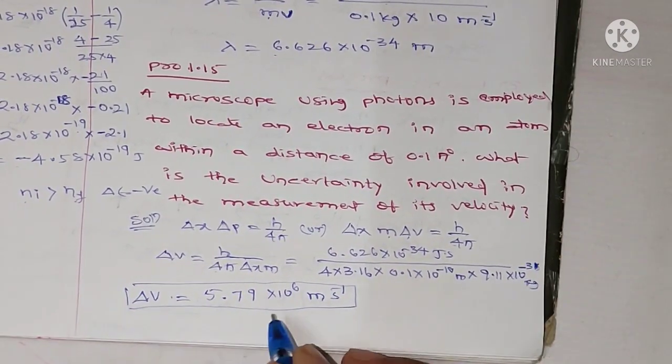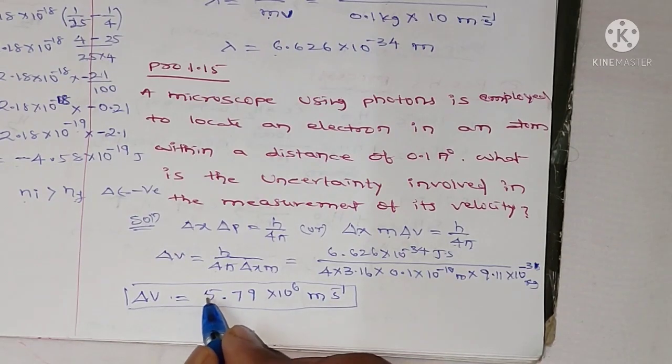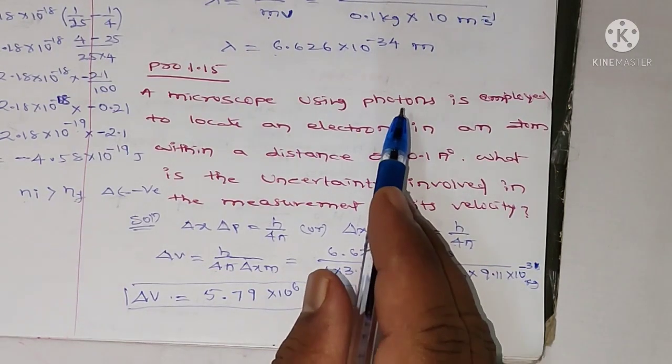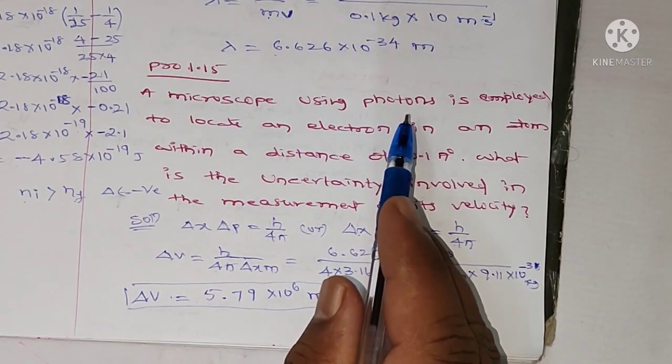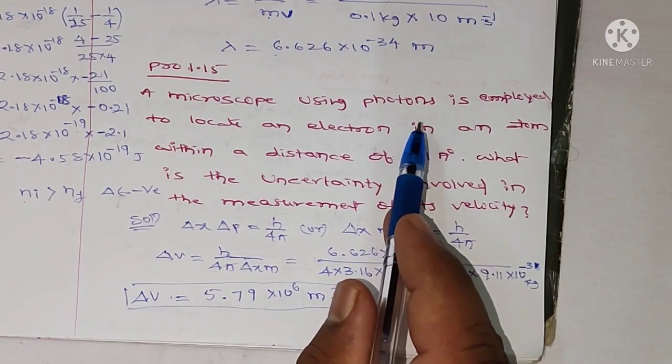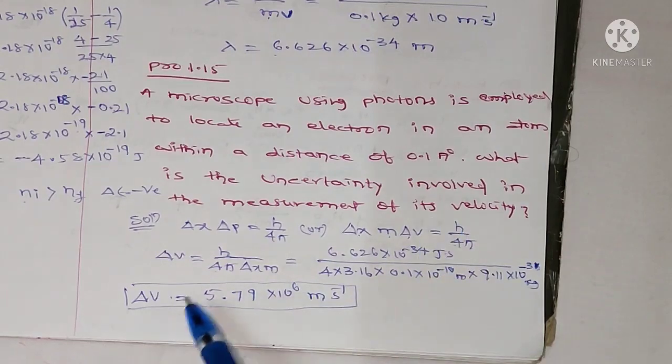The uncertainty in velocity is 5.79 into 10 to the power of 6 meter per second. So here the particle is very small, and for that small particle the uncertainty in velocity is 5.79 into 10 to the power of 6 meter per second.